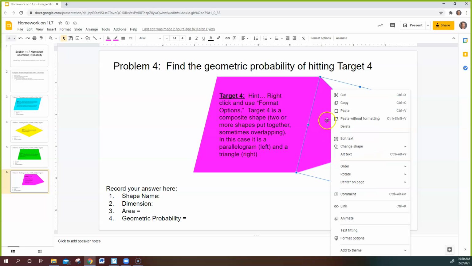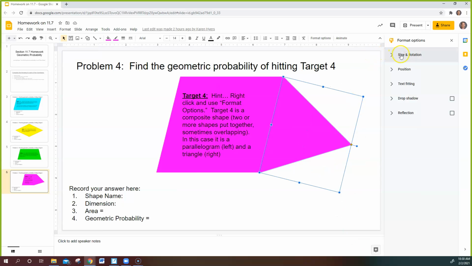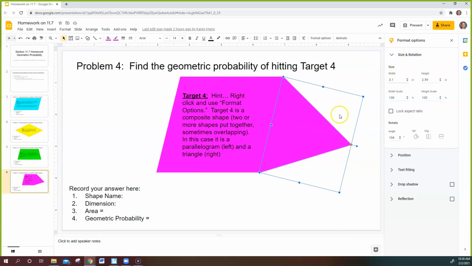And then if I do a right click and I go down to Format Options, Size and Rotation, here this gives me the width, which is just one of these, I think it's officially this length right here. And then the height. So this would be 3.1 by 2.59. You could think of that as your base times your height.